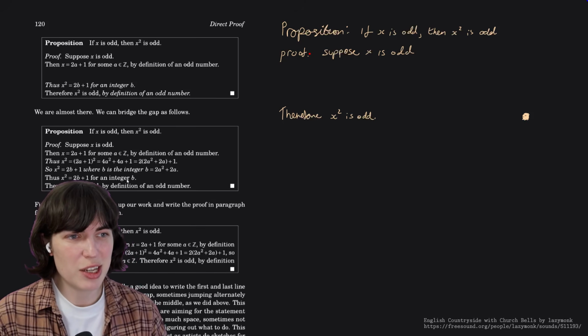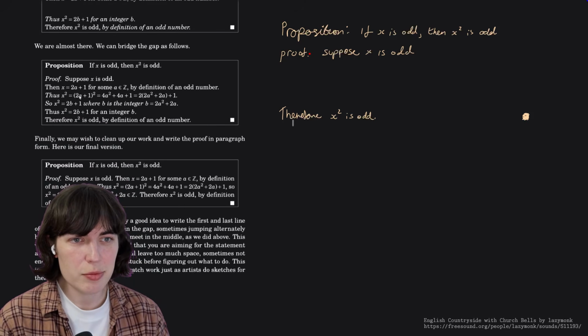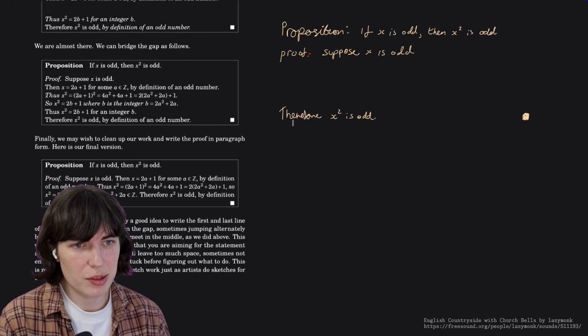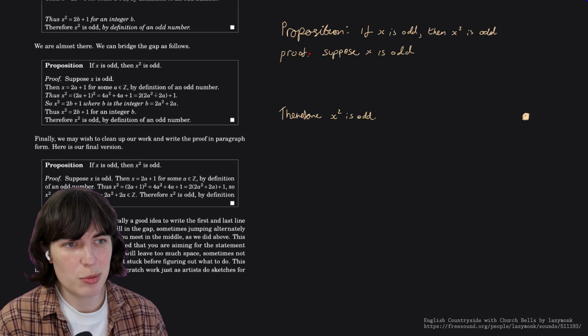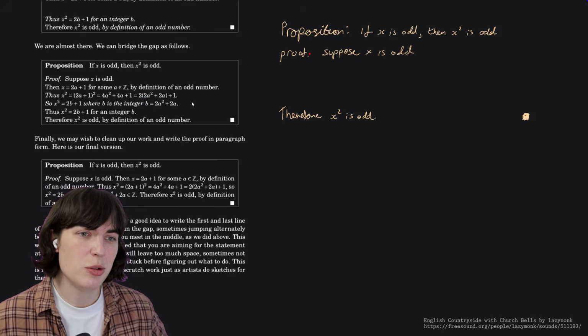We're almost there. We can bridge the gap as follows. Thus, x squared equals (2a plus 1) squared equals 4a squared plus 4a plus 1 equals 2(2a squared plus 2a) plus 1. So x squared equals 2b plus 1, where b is the integer 2a squared plus 2a.